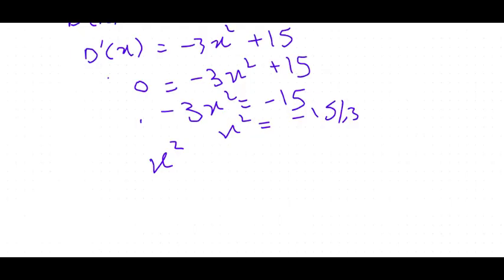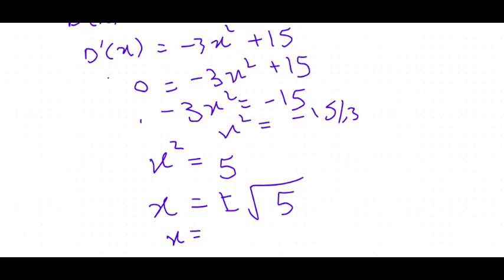Taking the square root on both sides, we get plus or minus square root of 5. The critical point in the interval 1 less than x less than 3 is x equals square root of 5. We take only the positive value of x for critical points.